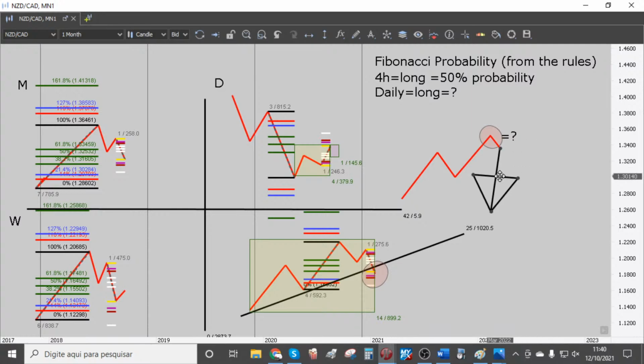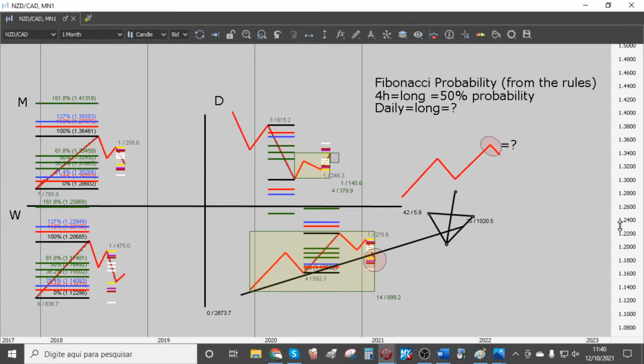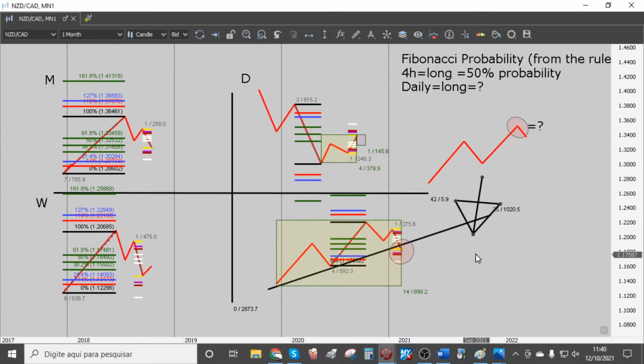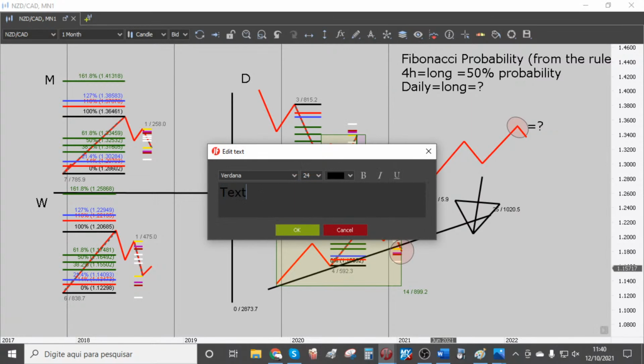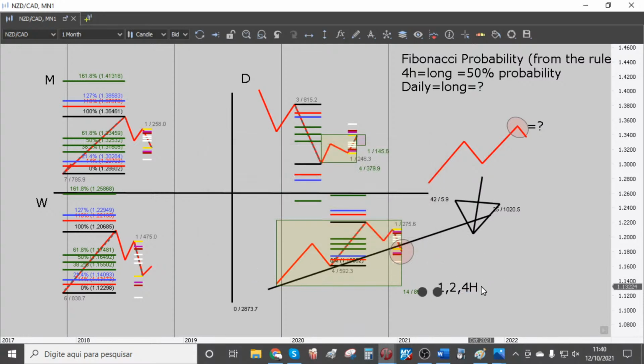So, is anybody here who wants to short the market on the 1 hour, 2 hour, 4 hour chart? I need to write it one more time. Looks like I cancelled it. So this is the 1 hour, 2 hour, 4 hour chart. Everybody, is anybody in here who wants to short the market on the 1 hour, 2 hour, 4 hour chart?